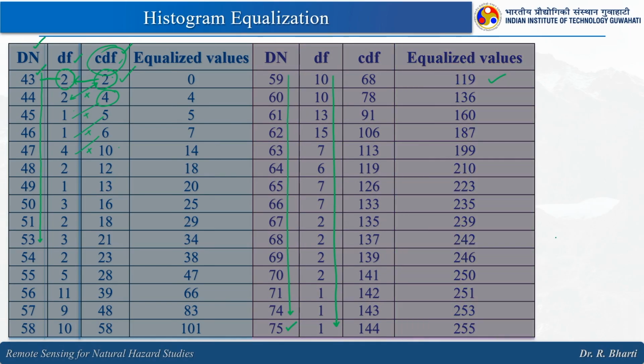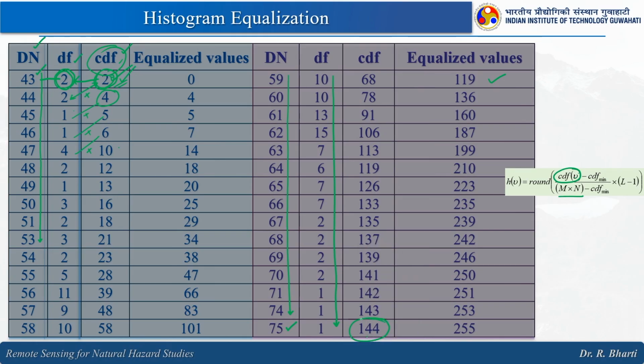This equalized value will be based on this equation, and here the CDF is for a particular pixel. In this case, let us say this is 2. So, this 2 value is used, then CDF min is also 2, then m by n will be 144, because this is the sum of all pixels, how many times each had occurred.